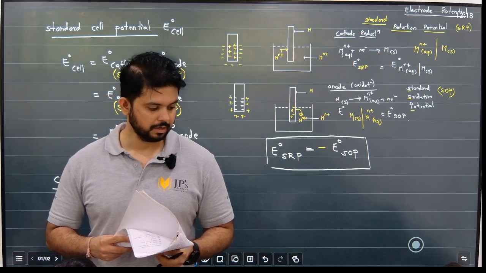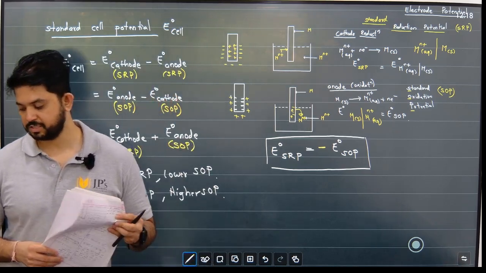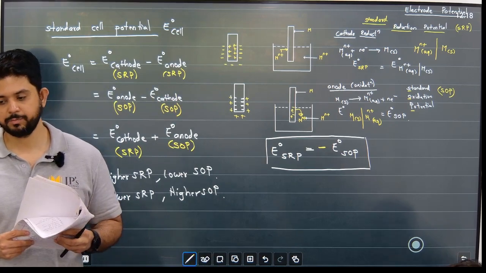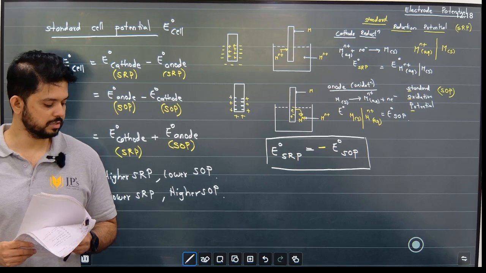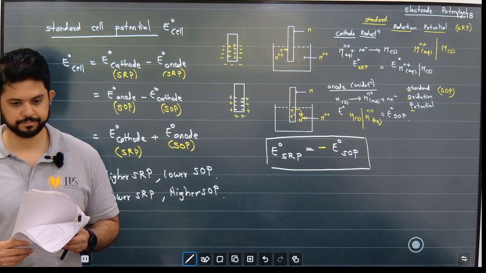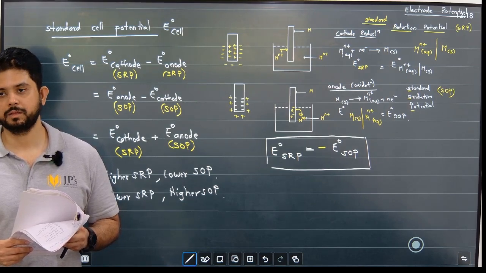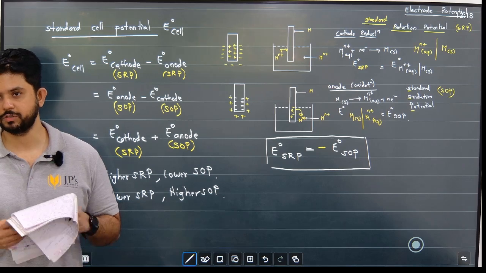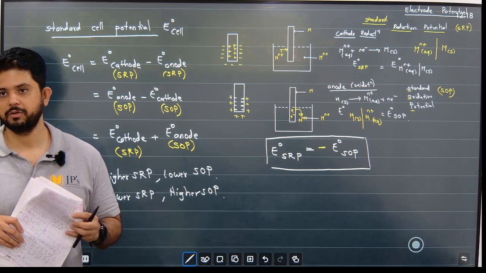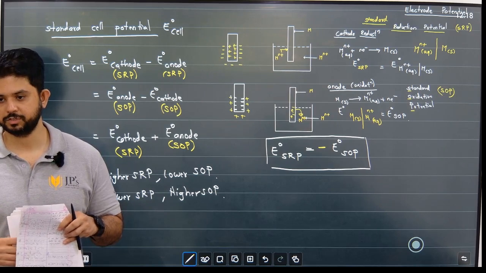Next point, the potential developed during oxidation is known as oxidation potential, and during reduction is known as reduction potential.